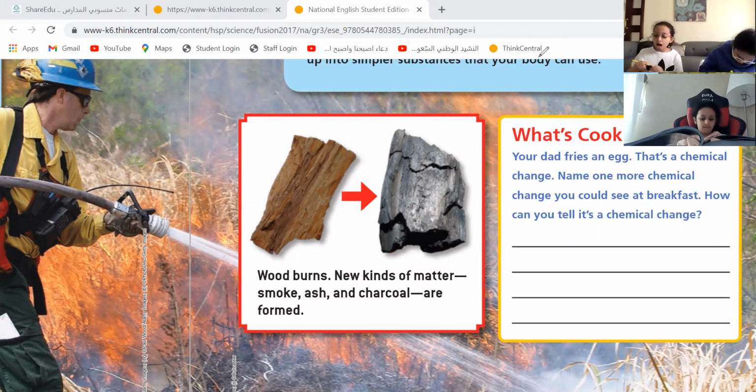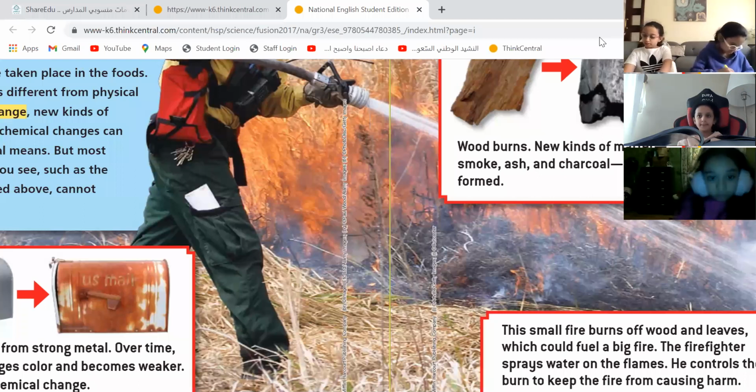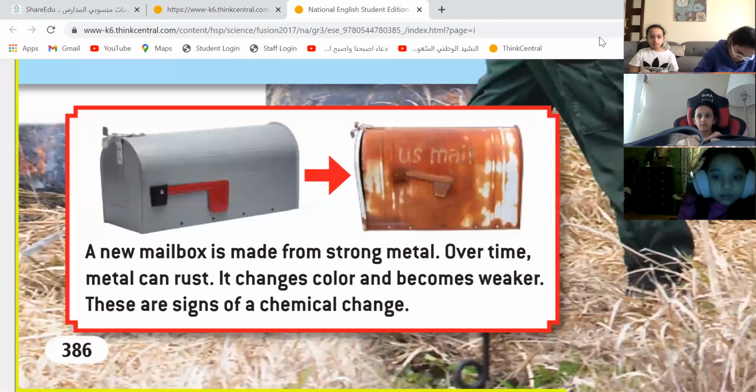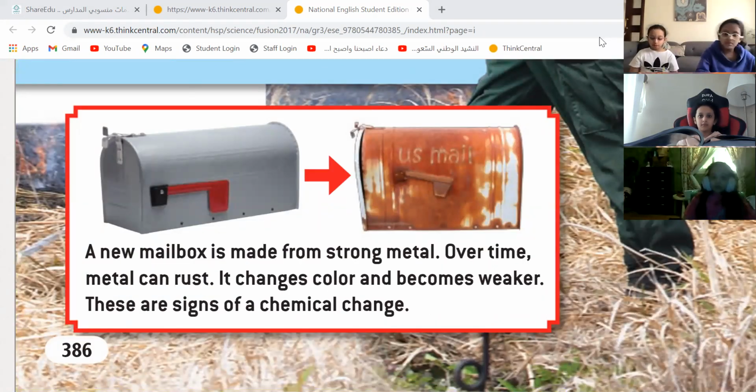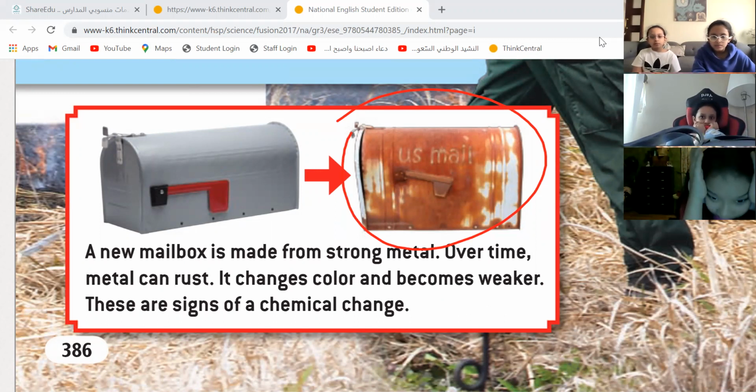Let me show you another example. What about this mailbox? Look at the new mailbox and the old mailbox. What happened to the old mailbox? Look at the old one. It becomes dirty. What do we call it when metal turns red?